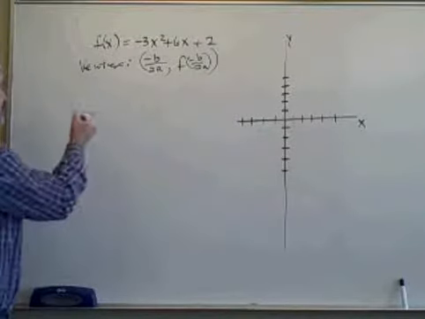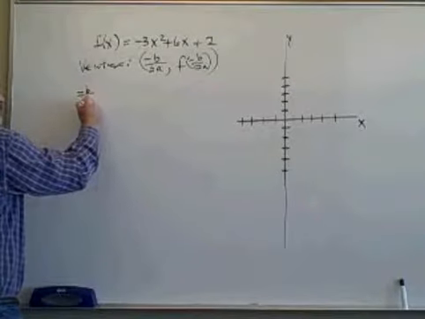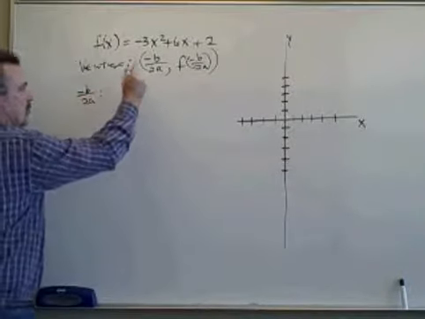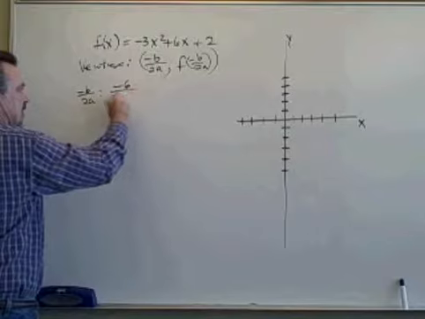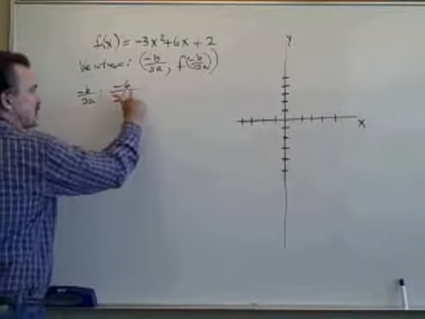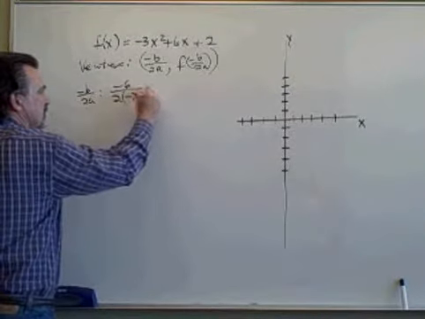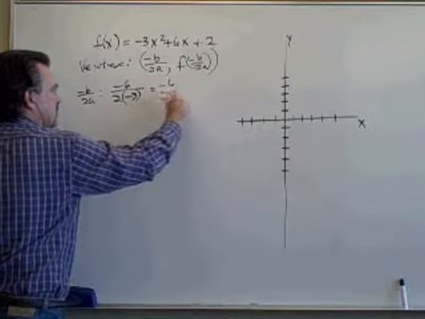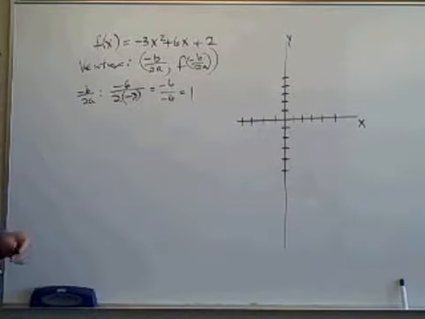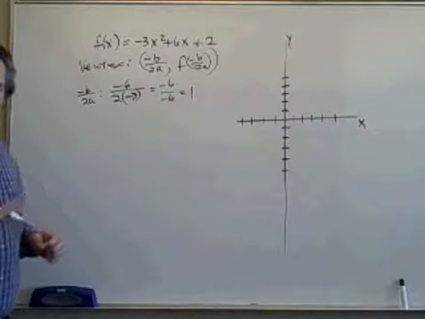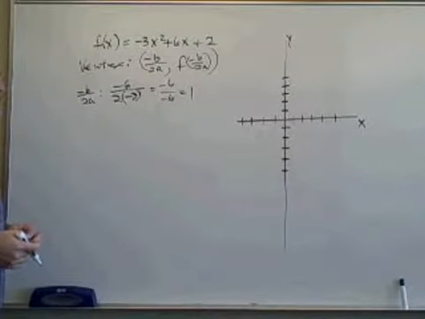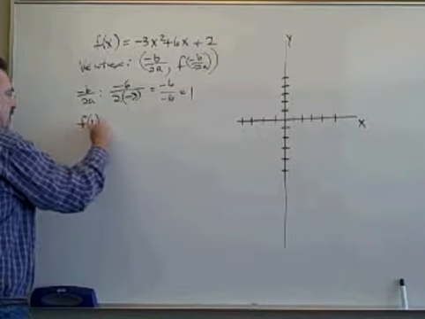So in this particular instance, the x value of the vertex is going to be negative b, so that's negative 6, over 2a, that's 2 times negative 3, which gives us negative 6 over negative 6, which is 1. So the vertex point's x value is 1, and now let's evaluate f at 1.